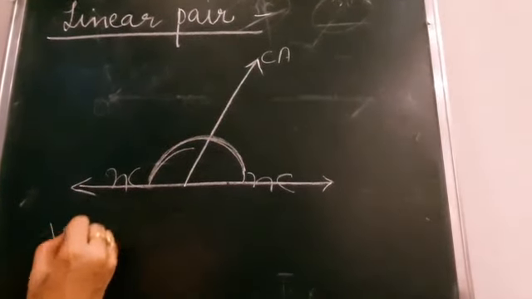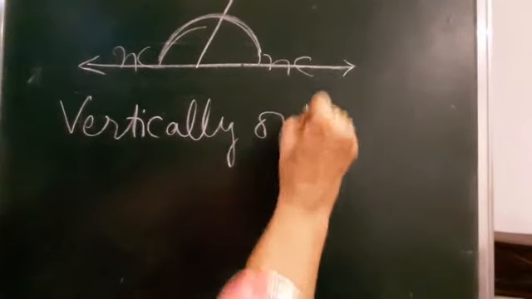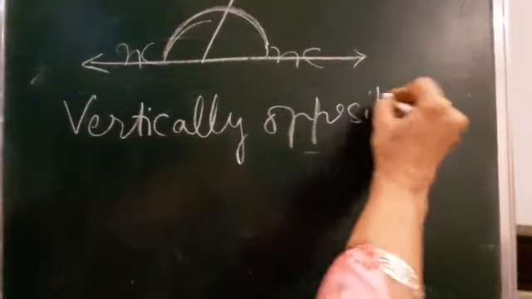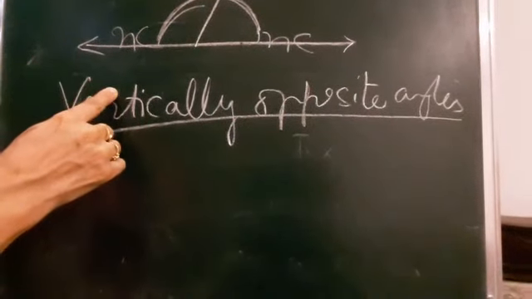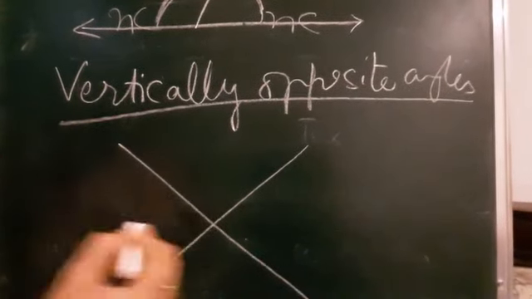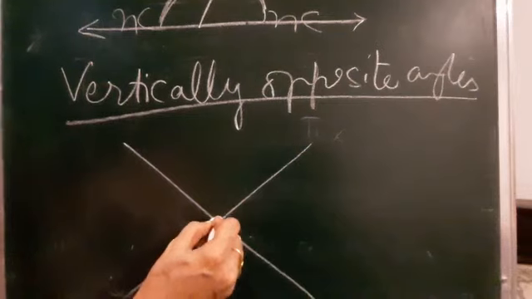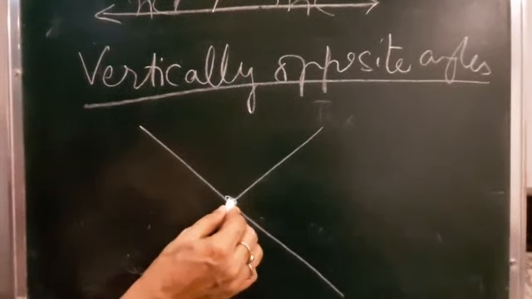Now come to vertically opposite angles. What are vertically opposite angles? When two lines intersect each other at one point, the angles opposite to the vertex. This is the vertex.